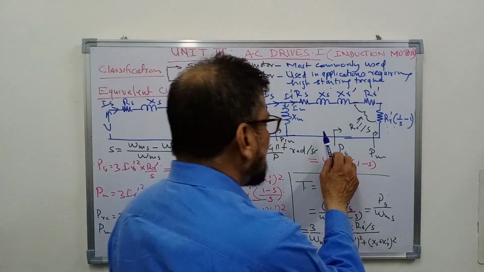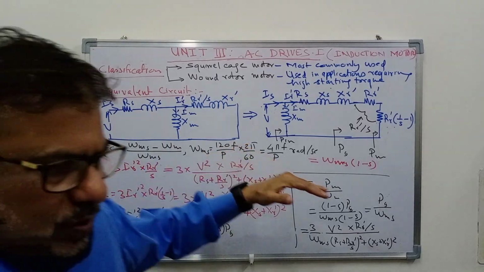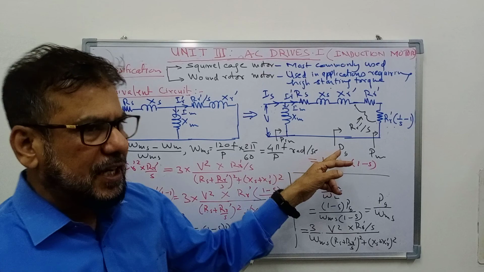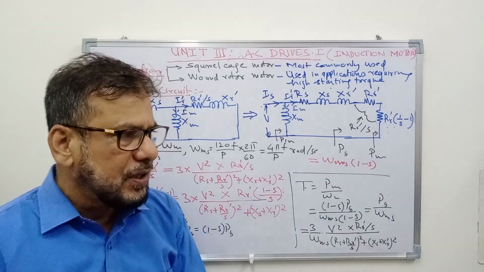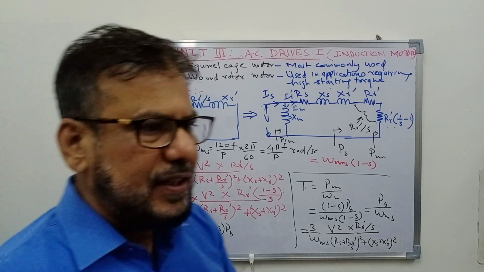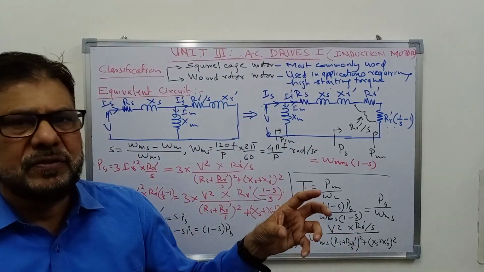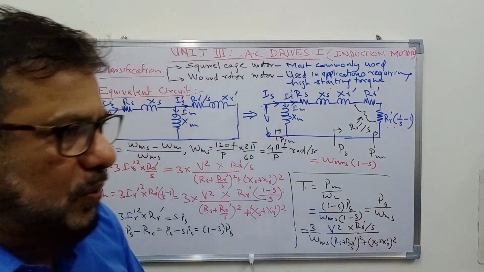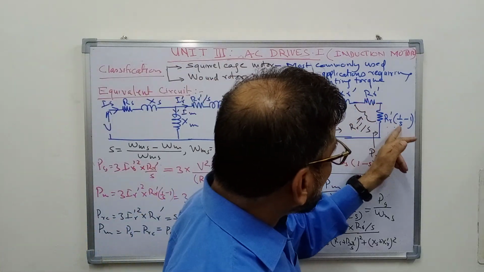The remaining power flows from stator to rotor. That power is called air gap power. A part of this air gap power that reaches the rotor is converted into mechanical power, and the remaining power is lost in the rotor winding resistance. So this has been divided into two parts.